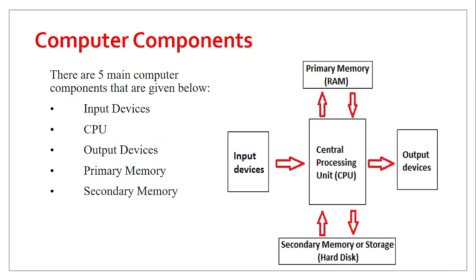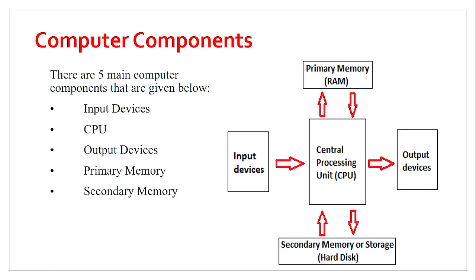For example, in the middle here, we have the brain of the computer, which is the CPU. You can see the central processing unit interacting upwards with the main memory, and at the bottom it interacts with the secondary memory. On the left side it interacts with the input devices, and on the right side with the output devices. That is the interconnection, and that's how every computer is built.